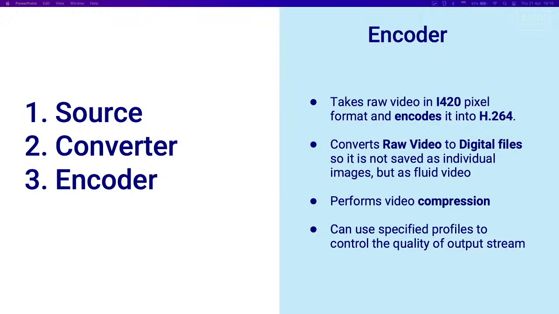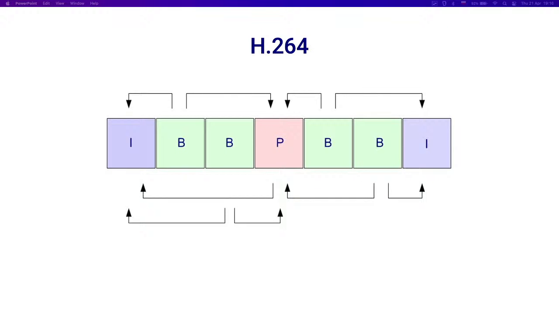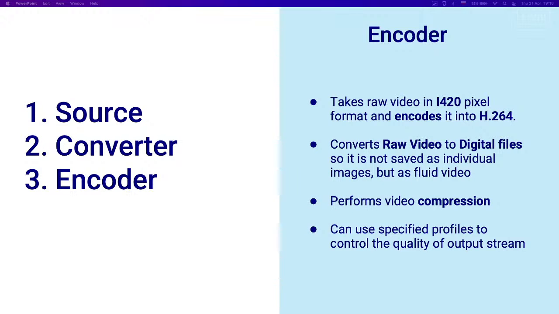Video is a sequence of images, and encoding can do some video compression, because not every image is different from each other. There are some dependencies. For example, the third frame can depend on the previous or the next frames, and because of that, we can compress this, not store each image by itself, but compress it.